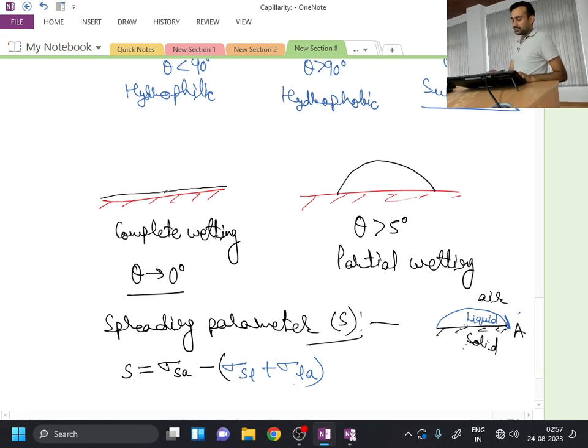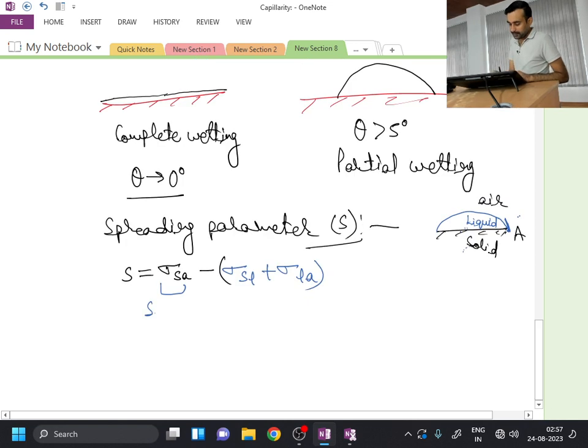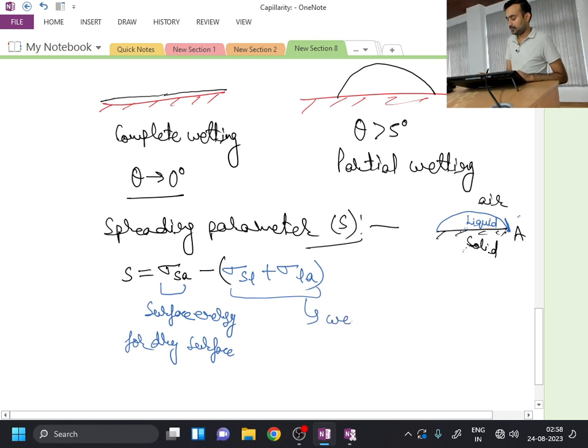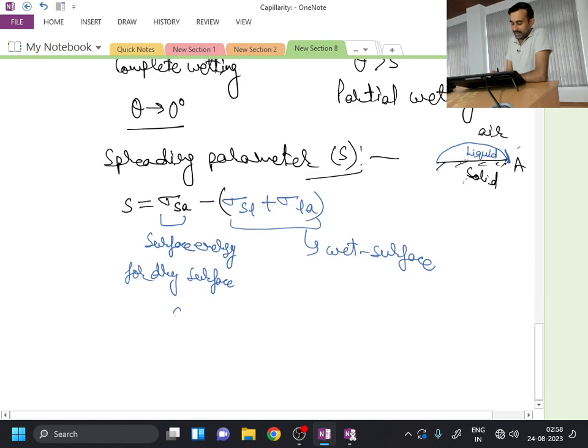So the spreading parameter is nothing but this: the surface energy for the dry surface minus the surface energy for the wet surface. Okay, so S can be greater than 0, and in one situation S can be less than 0.